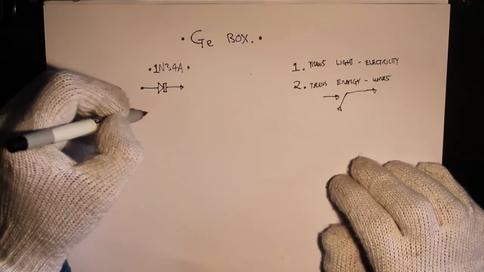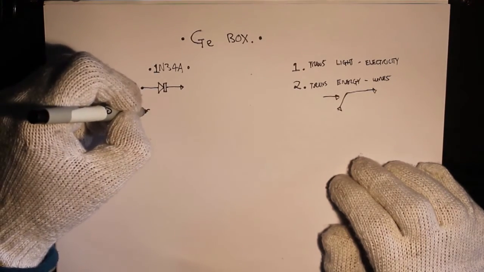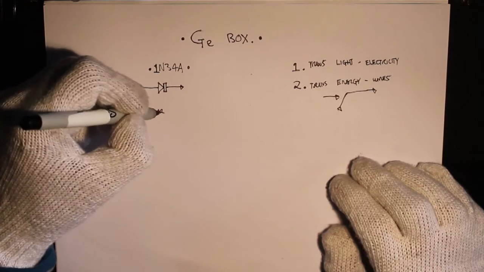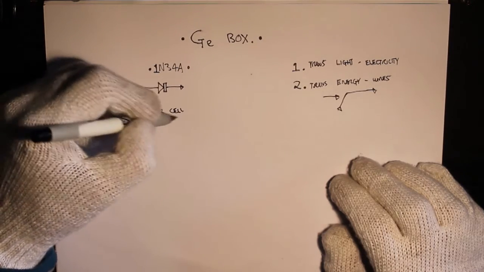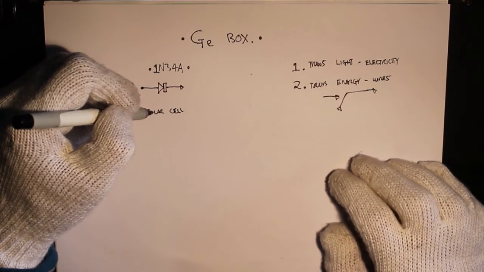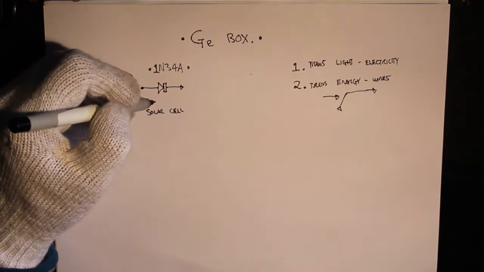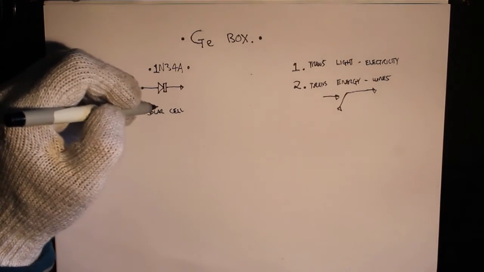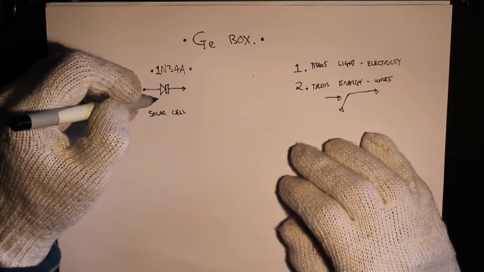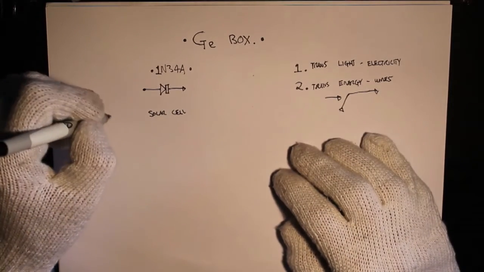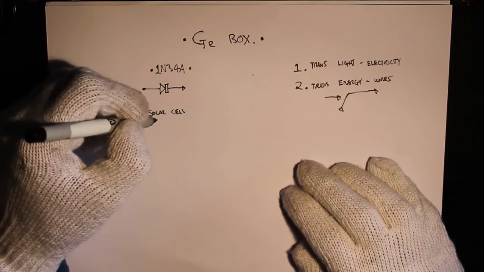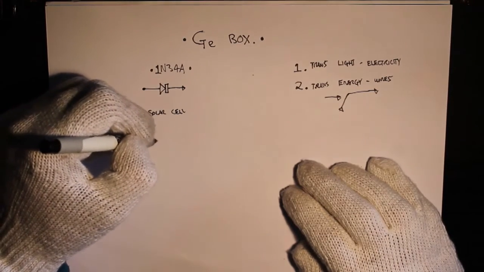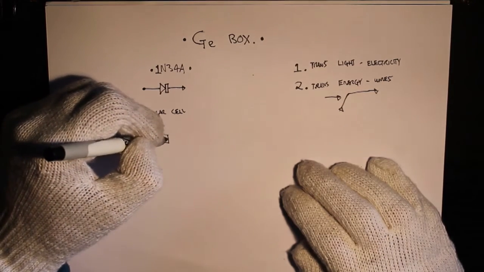But what it also is, is a solar cell, for light and also energy as well. That's why it's made of germanium and not silicon, because, and I'll get to that, it's to do with the spectrums. But basically it's a solar cell, like a solar panel.